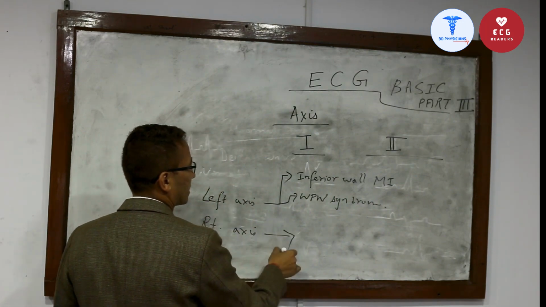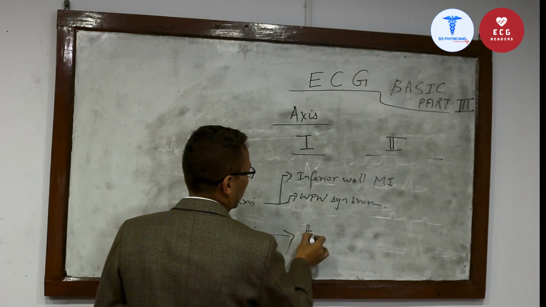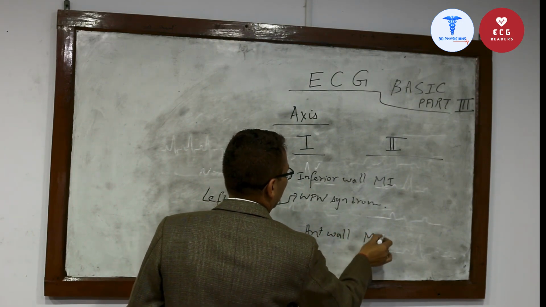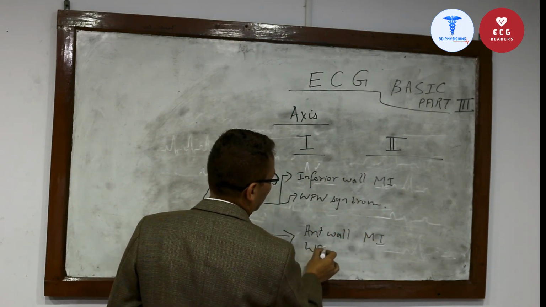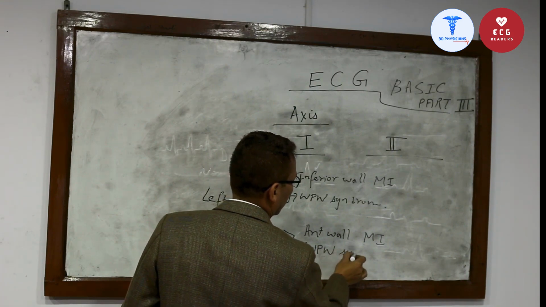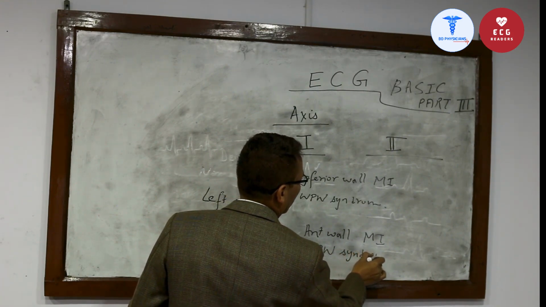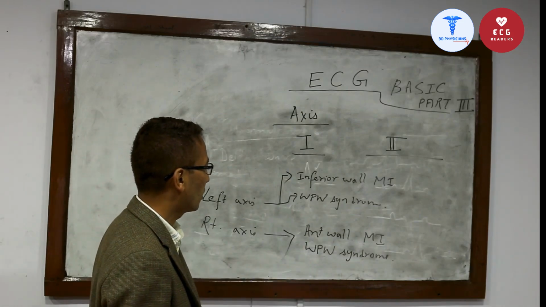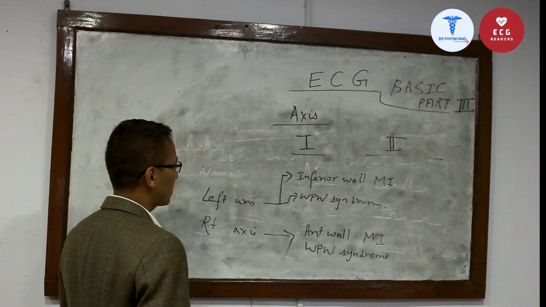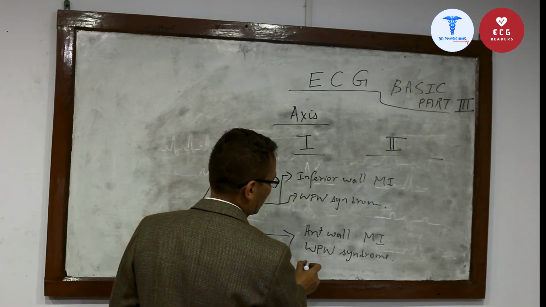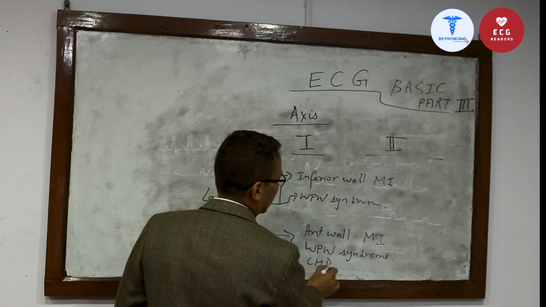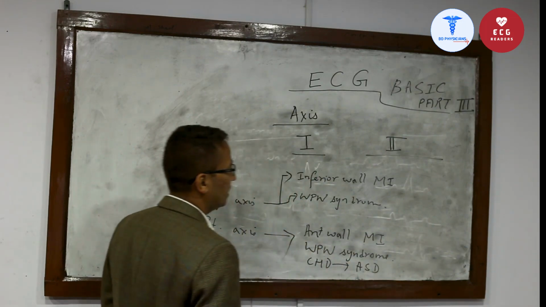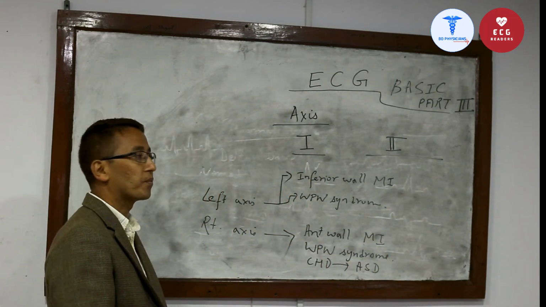Similarly, right axis deviation can occur in anterior wall MI, also in WPW syndrome, and it can occur in congenital heart disease like atrial septal defect.